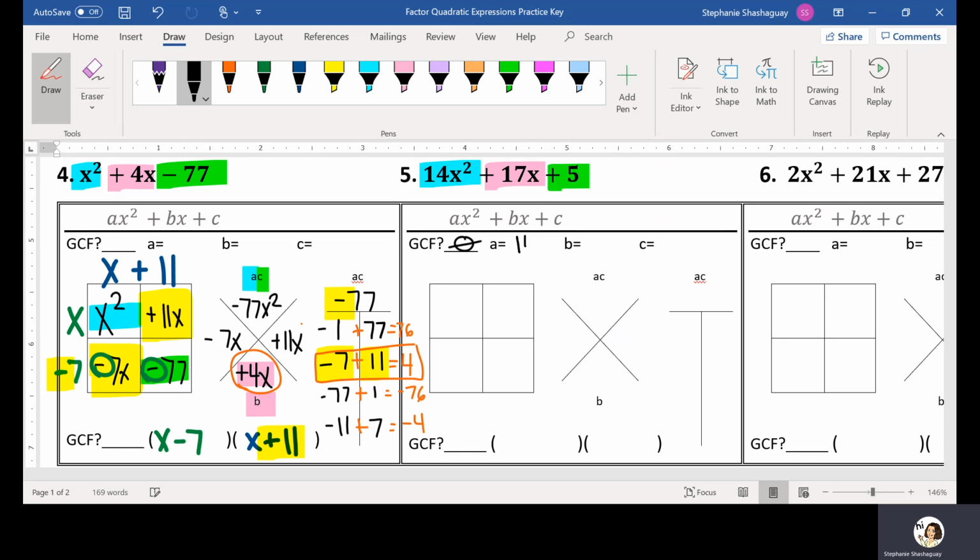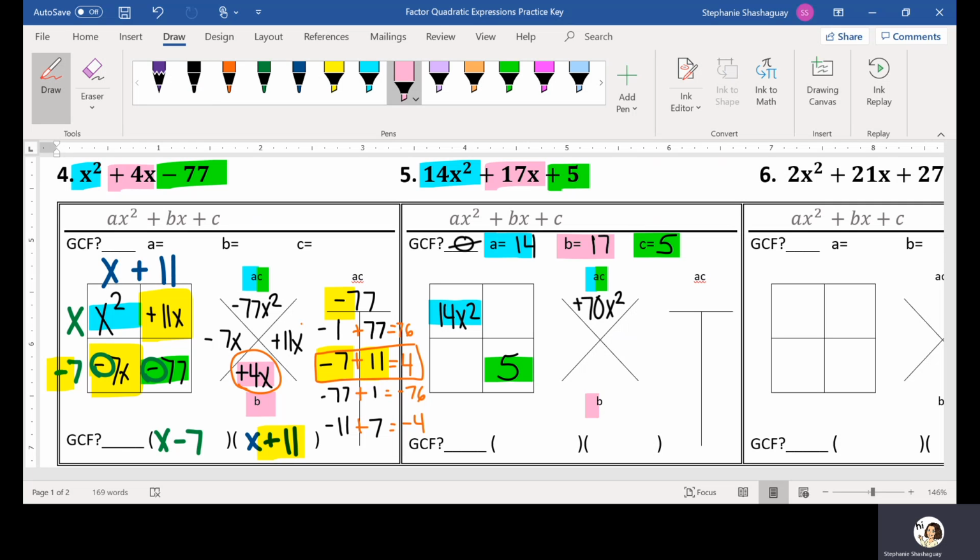My A term is equal to 14, my B term is equal to 17, and my C term is equal to 5. I use these labels primarily when I have an A term. So I'm still going to fill in my area model the same way. 14x squared. I'm going to fill in my C term here, which is a positive 5. And then 14x squared multiplied by 5 is going to give me a positive 70x squared.